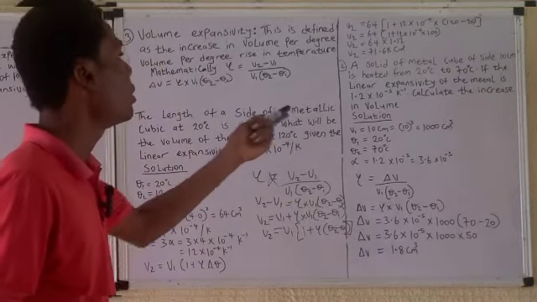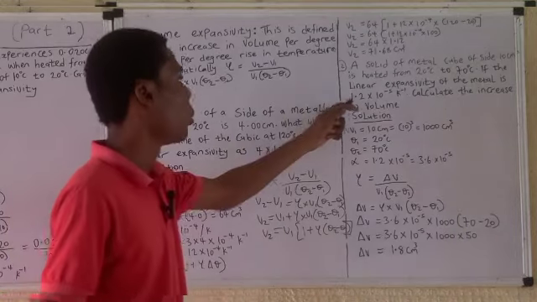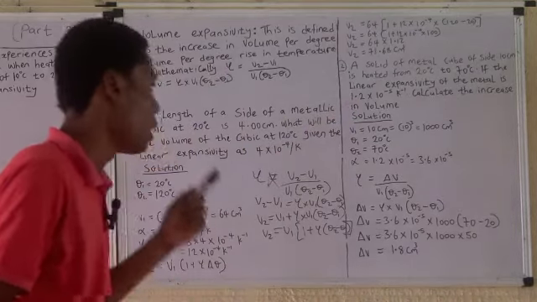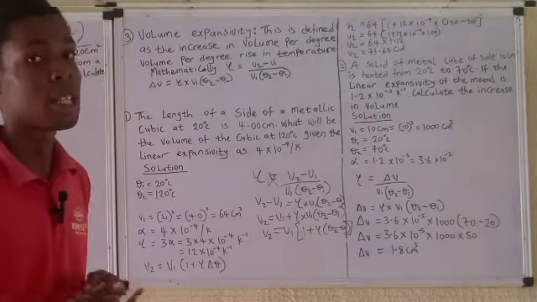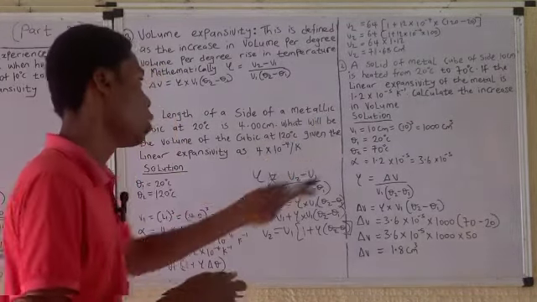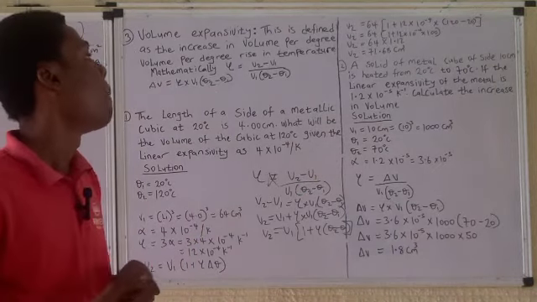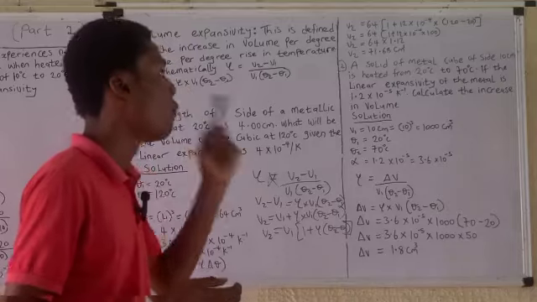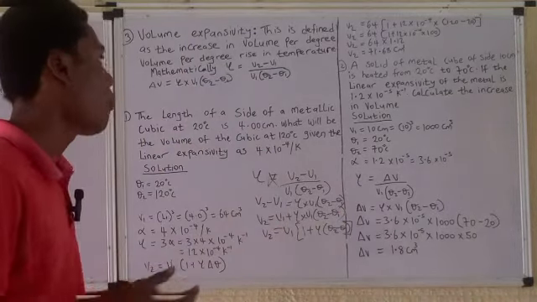So we say 1.2 times 10 raised to power minus 5 times 3, which is 3 times linear expansivity. That's how we get our volume expansivity. So 3 times 1.2 times 10 raised to power minus 5 is going to give you 3.6 times 10 raised to power minus 5 in our volume expansivity, which we have here. Now I've gotten our parameters.